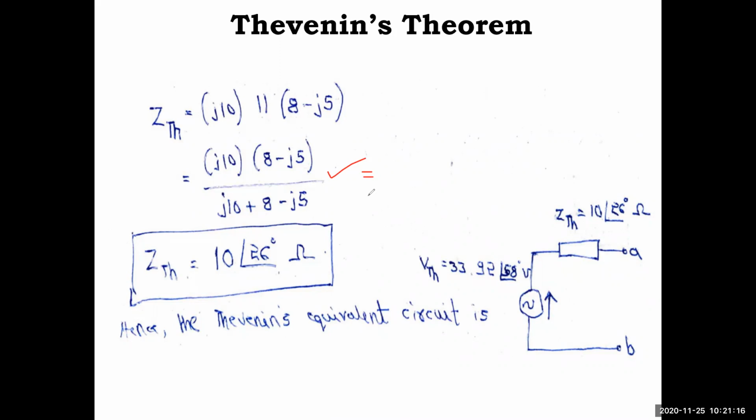Consider the first bracket 10i, and then 8 minus 5i, divided by 10i plus 8 minus 5i, which is coming 8.988. You can consider 9 also, but still you can use 8.988.